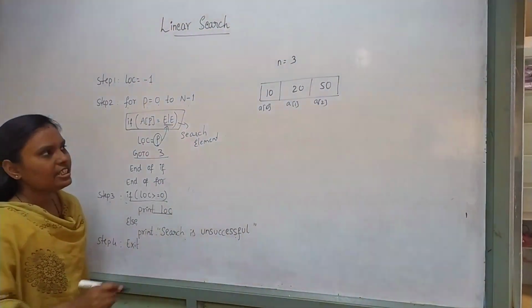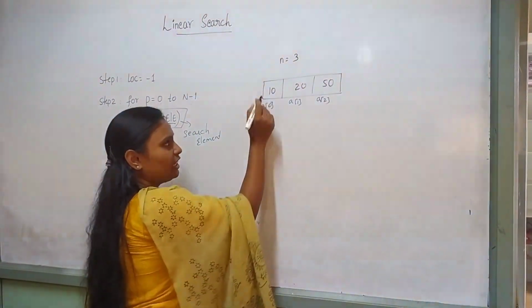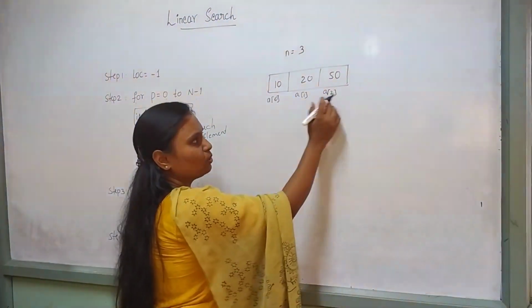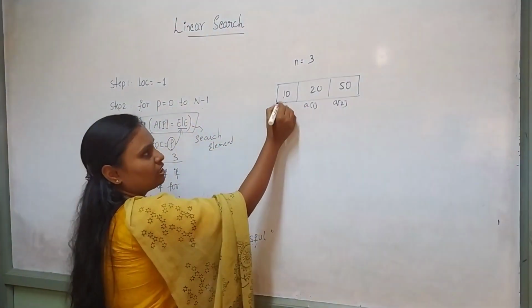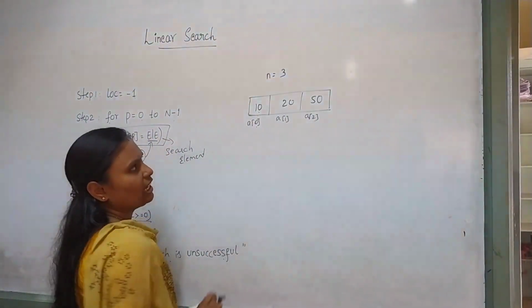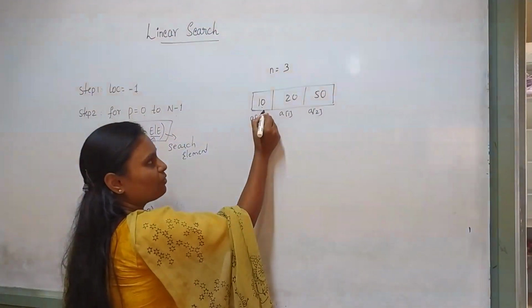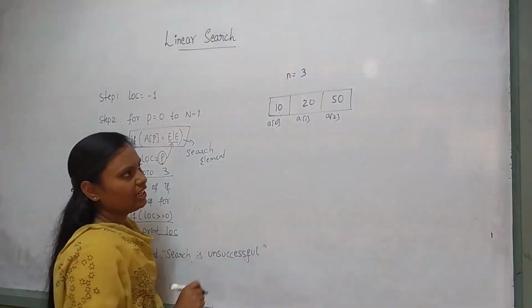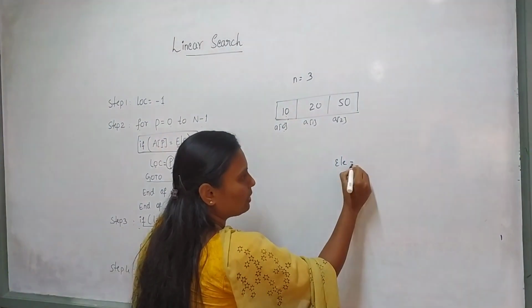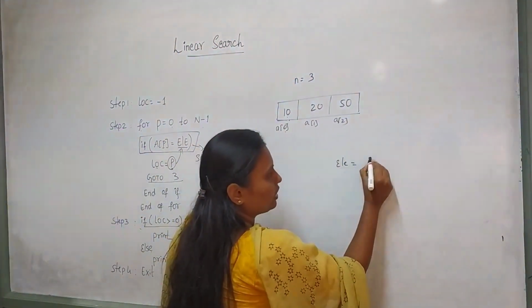In linear search, we are searching for the element from the first position to the last position. Here 10, 20, 50: there are 3 elements. First we search from 10 and end with 50. The searching element is 50.